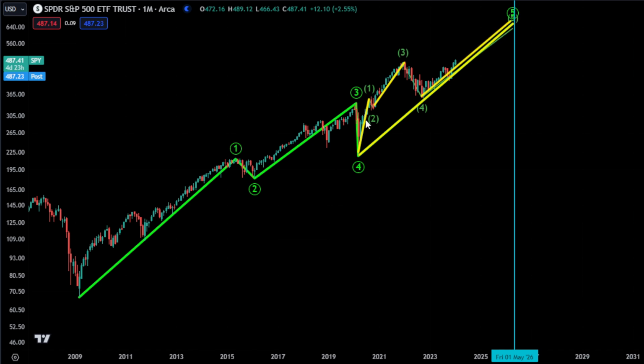And if we look at this 1st and this 3rd wave, what you notice is they're actually the same size. So very similar to how we talked about the 1st and the 3rd wave here being the same size, essentially, we take the net of 1 through 3, we multiply times 1.618, and voila, we come up to roughly the same spot on the 5th wave.